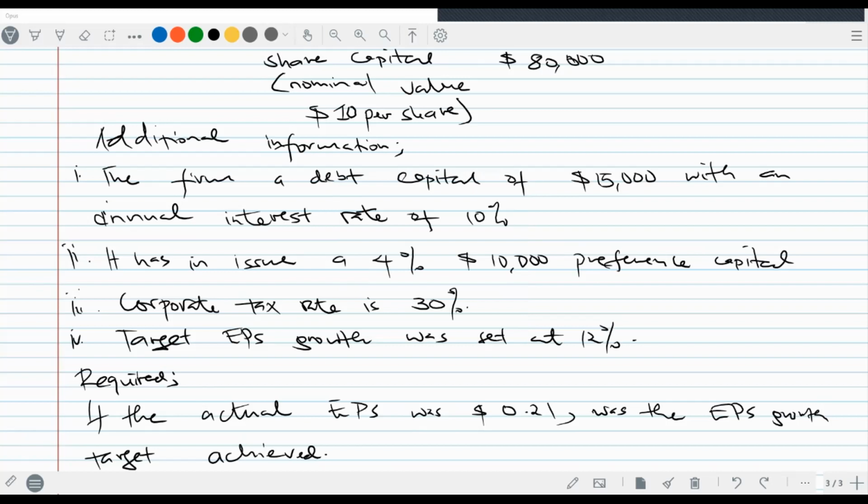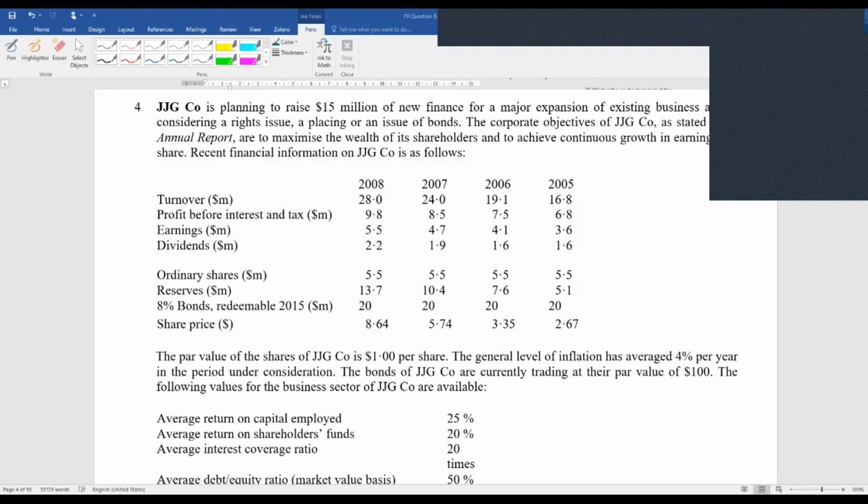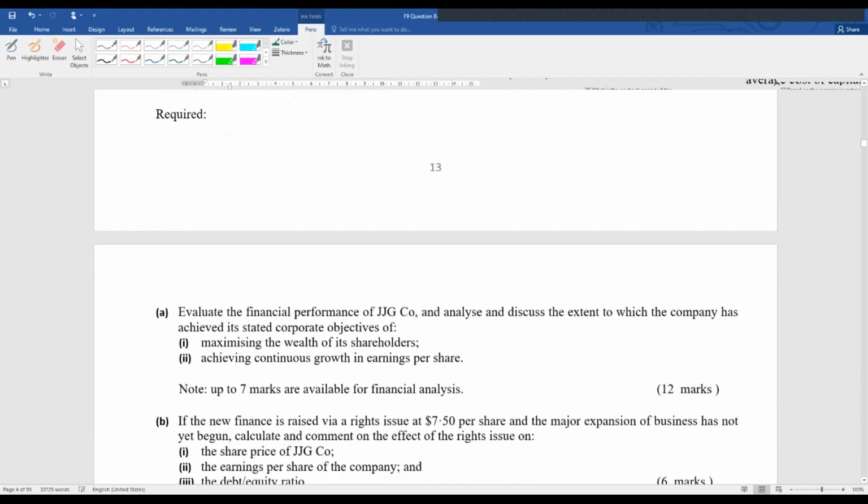Okay, attempt it first. Let me see how far you can go. I presuppose that you have gone through the question. So here in this question, you're meant to evaluate whether the company has been able to achieve those two targets.